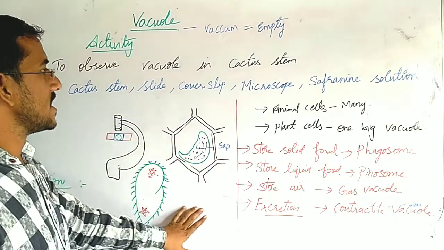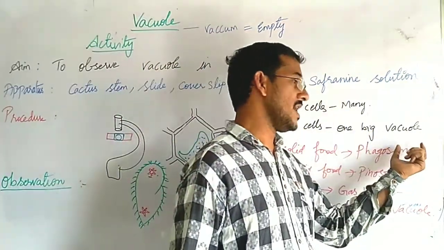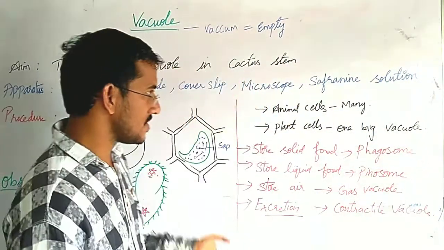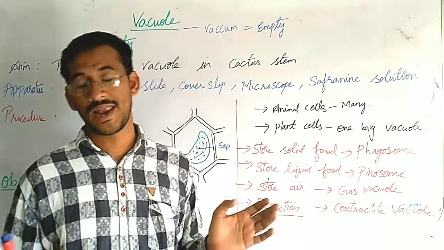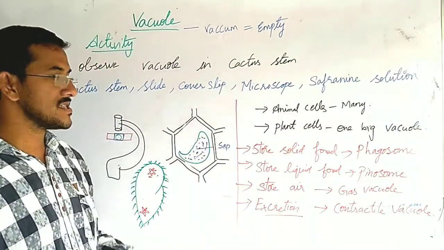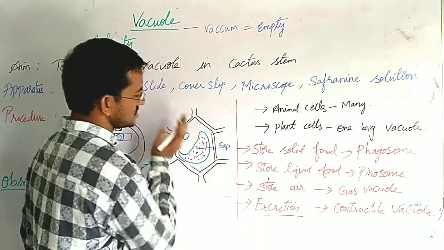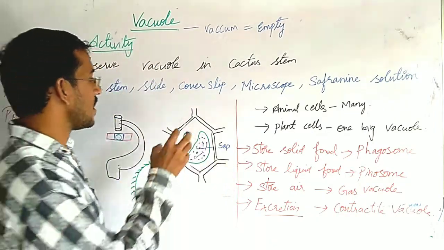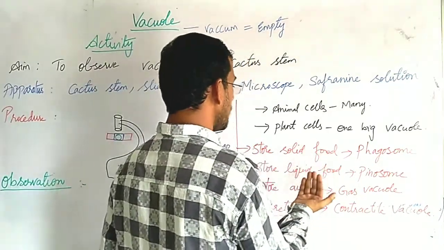Now in animal cells, many vacuoles are present. In a plant cell, only one big vacuole is present, because small vacuoles get together in a matured plant cell, they become big in size, and they occupy the central place by pushing the nucleus to the corner. So this is the nucleus. They push the nucleus to the corner and occupy the center space. And what do they do? They store solid and liquid food.